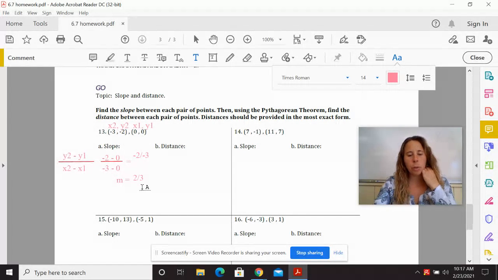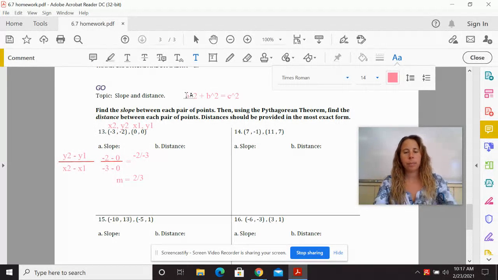So your slope equals 2/3. Then to find the distance, you're using your Pythagorean theorem, which is a squared plus b squared equals c squared. You just figure out a and b.